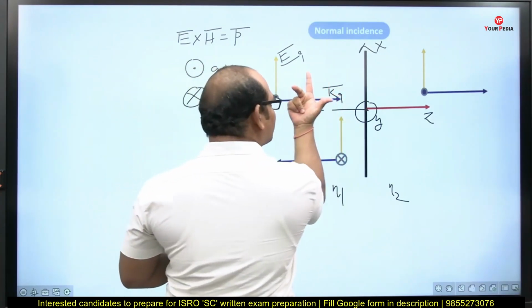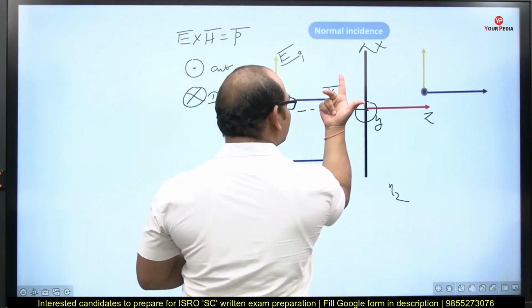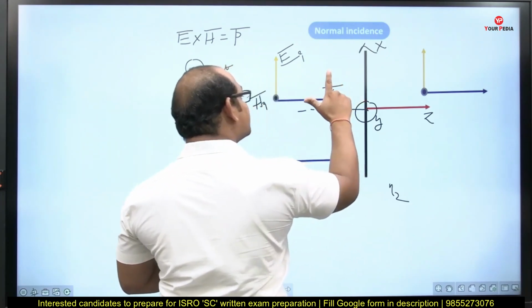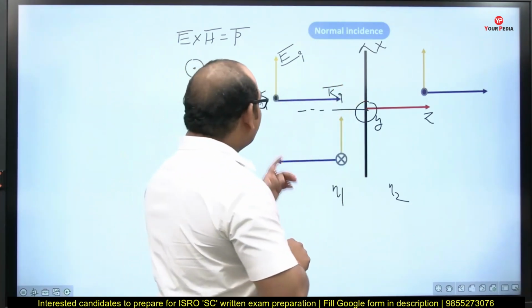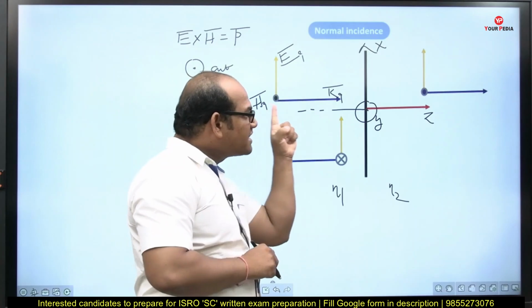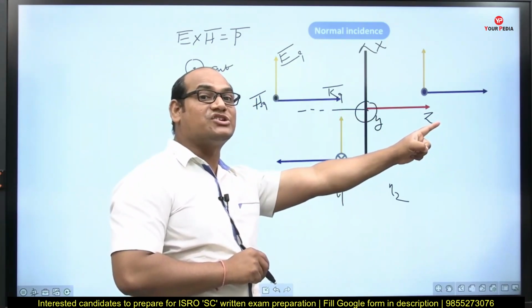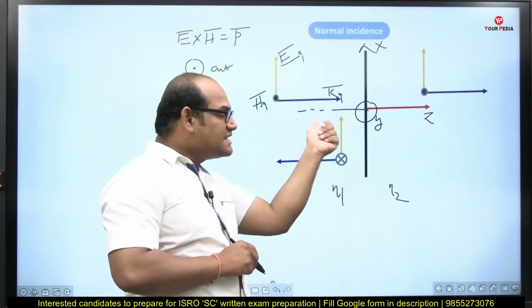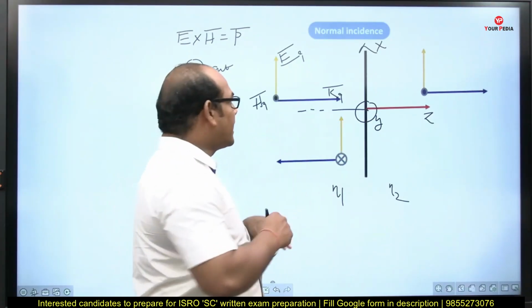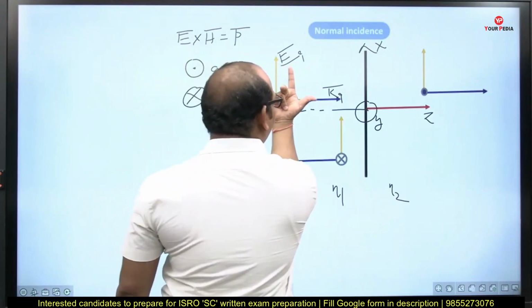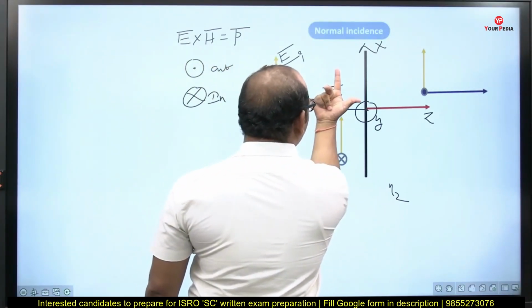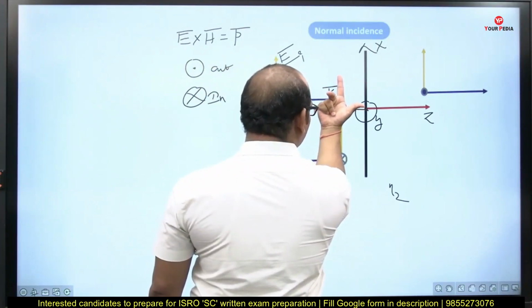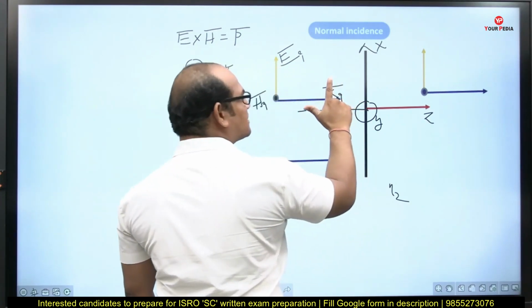Whenever it is reflected back, you need to see very carefully that the direction of propagation is changed. Whenever it is incident, the direction of propagation is towards the positive Z direction, but whenever it is reflected, the direction should be in the negative Z direction. This is the incident wave going and incident on the interface, and because of the impedance mismatch, it is reversed like this.